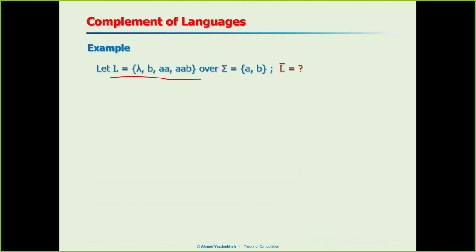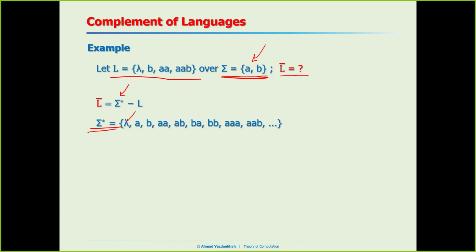Let me take an example. This is a language, and we are asking what is L bar. We know this formula, and also we already know what sigma star is for this alphabet, right? All possible strings that you can make with zero or more concatenations of this alphabet. So zero concatenations, one concatenation, two concatenations, three concatenations, and so forth, right?